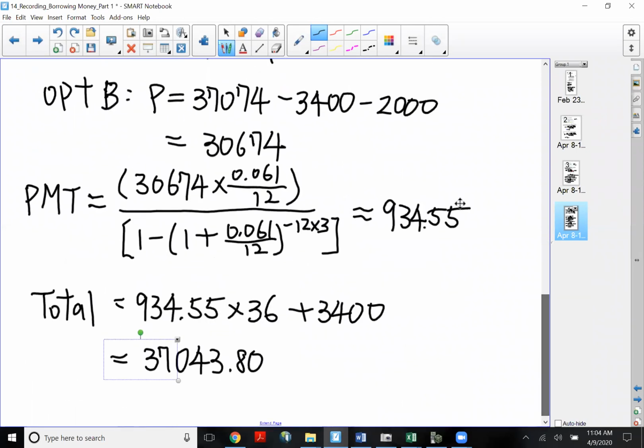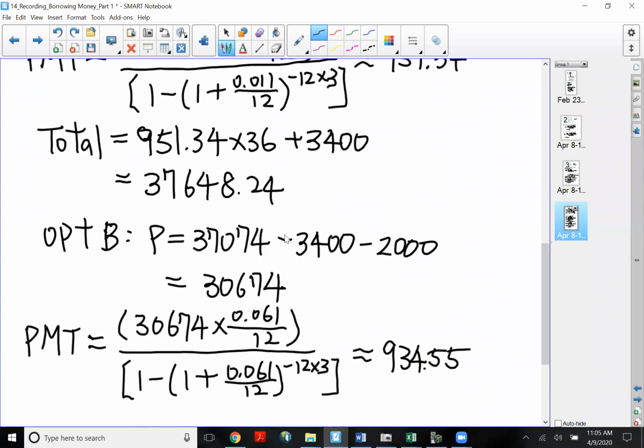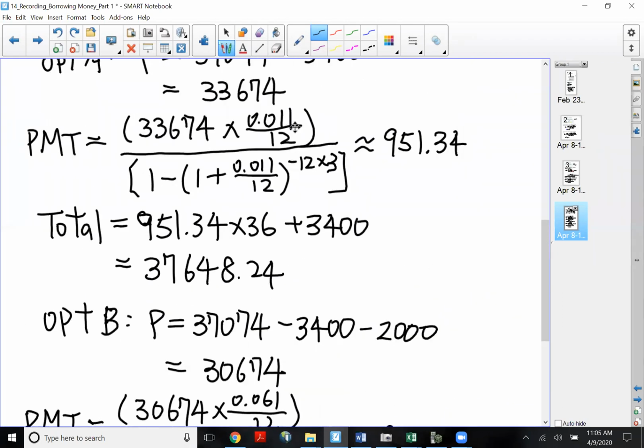Why would the extra $2,000 used as a down payment from the car dealership end up with her paying more in interest? Well, it has a lot to do with the 6.1% APR versus the 1.1%. The difference is right there.